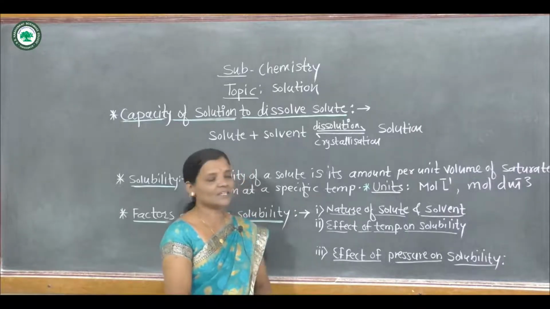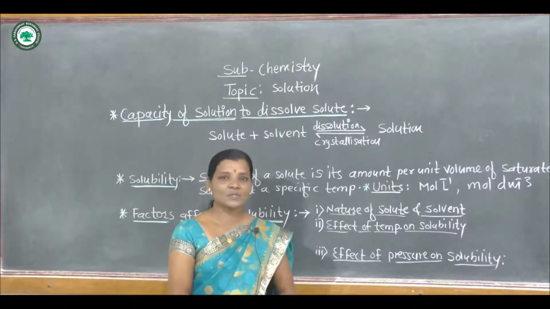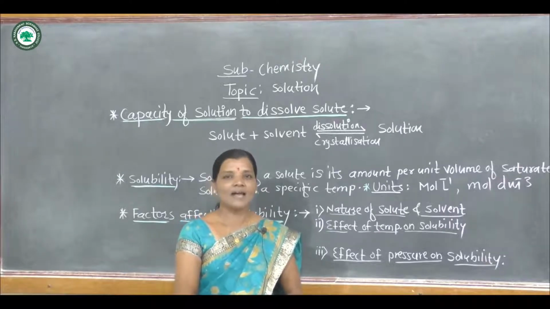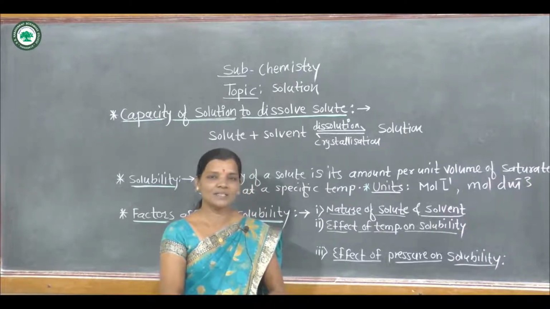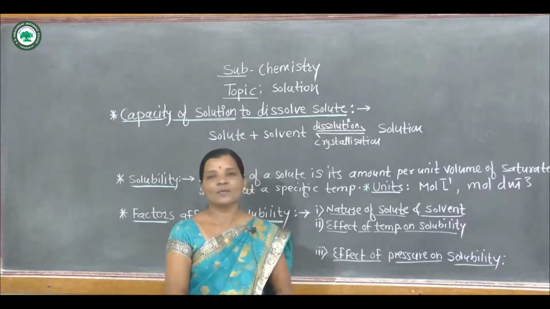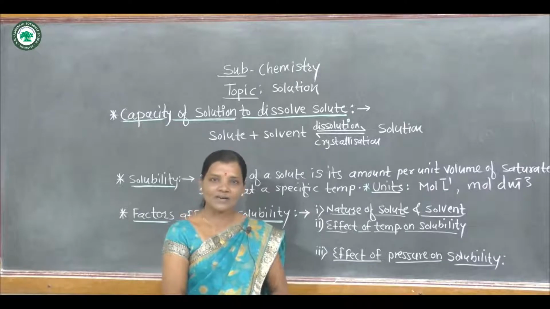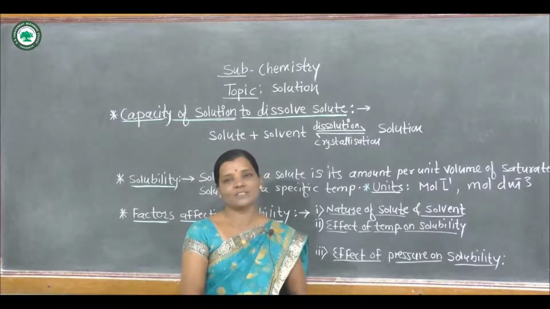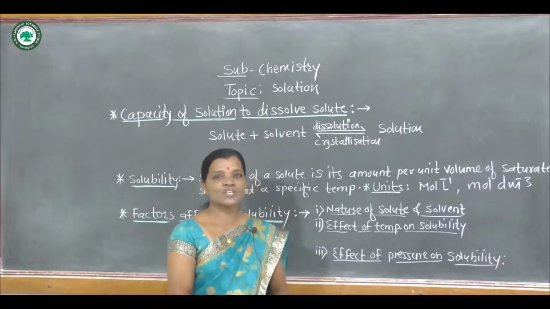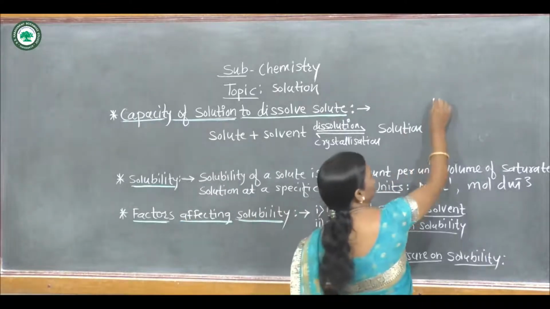Now when initially solute is added in the given solvent, it dissolves readily. And when we add more amount of solute in the same solution, then with the increase in the amount of solute in the given solvent, the solubility of that solute decreases in the solution and the solution becomes saturated.